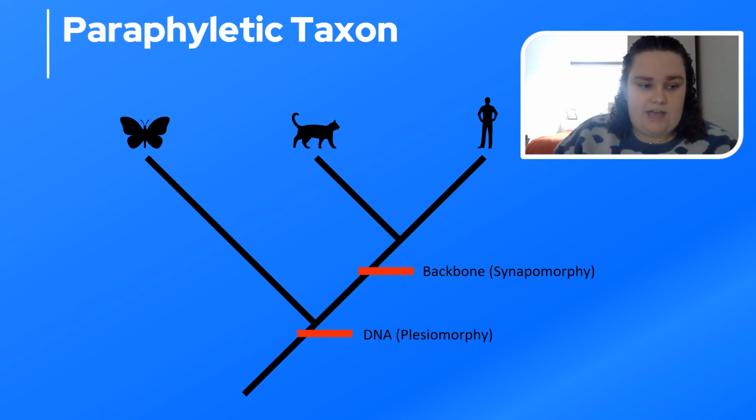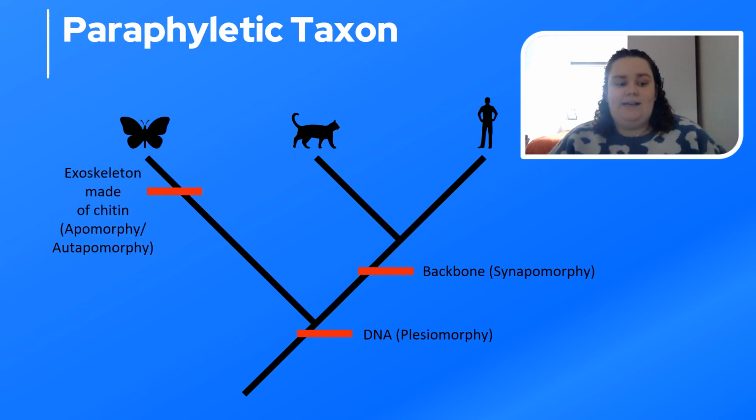DNA is shared between all of these creatures, and this is known as a plesiomorphy, which is an ancestral or primitive state. Butterflies have an exoskeleton which is made of chitin. This is known as an apomorphy, which is a derived or specialist character, or autapomorphy, which is an apomorphy unique to a single group.